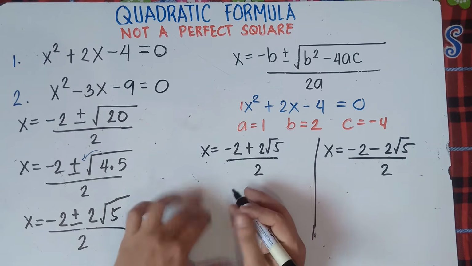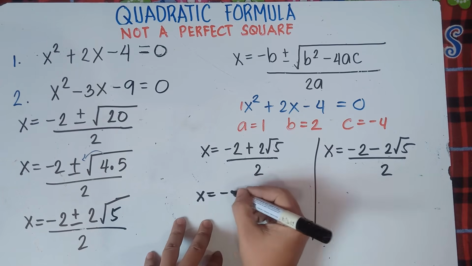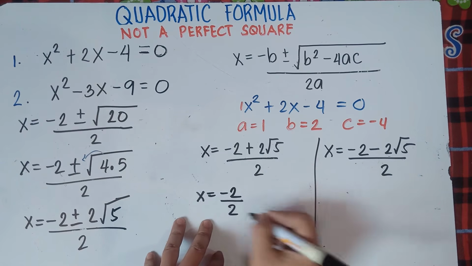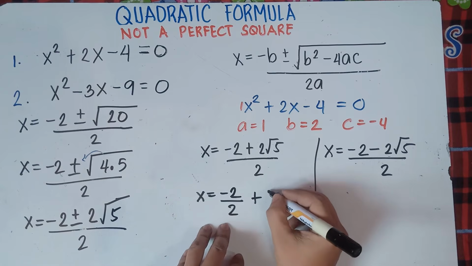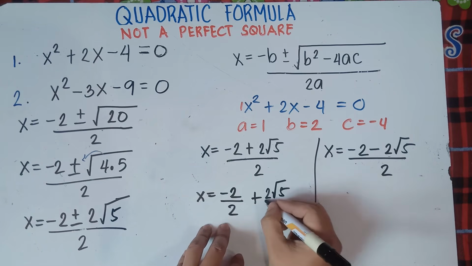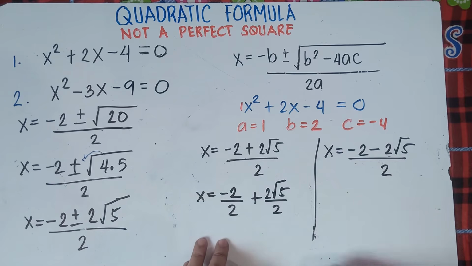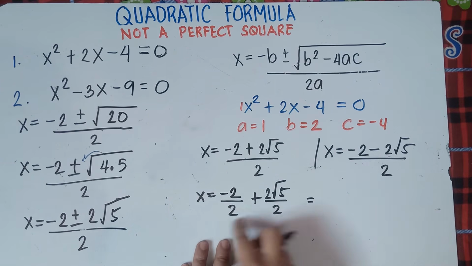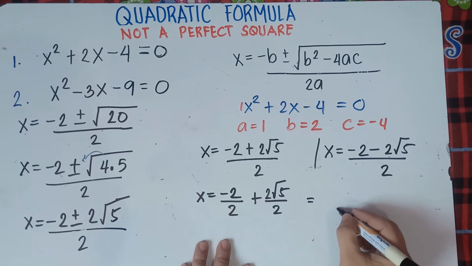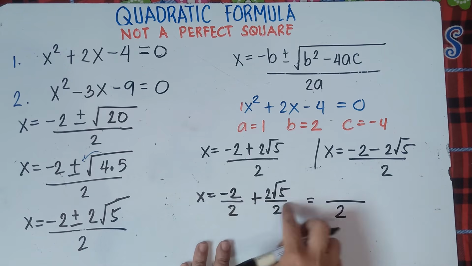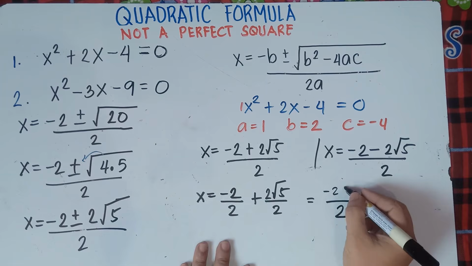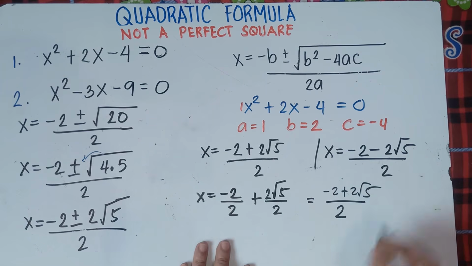We can write this one as x equals negative 2 over 2 plus 2 square root of 5 over 2. This is actually the same, class. Why is that, sir? Do you still remember, class, in addition of fractions, if they have the same denominator, simply copy the denominator and then add the numerators. This will be negative 2 plus 2 square root of 5.